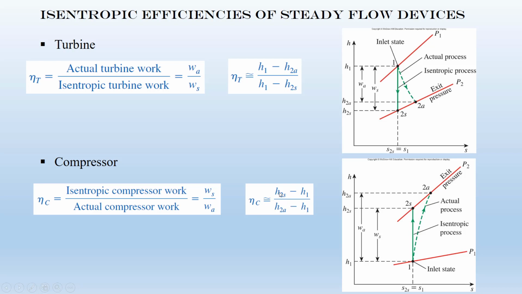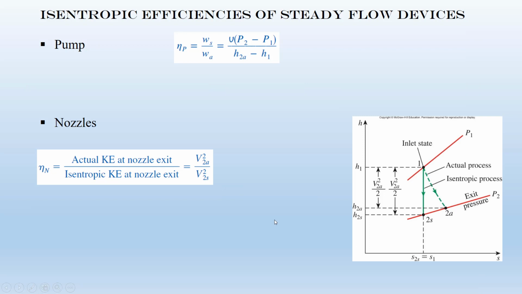The H2S is, I'm sorry, the H2S is the exit enthalpy for the isentropic compressor, and H2A is the exit enthalpy for the actual compressor. So H1 is the same in both the denominator and numerator. So for pumps, you can use this equation to calculate the isentropic efficiency.